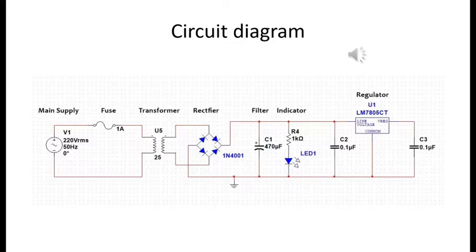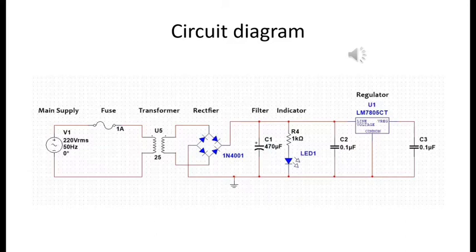The idea is that any 2 of the diodes will be conducting during the positive half cycle, and the other 2 diodes will be conducting during the negative half cycle, which means during both the positive as well as the negative half cycle the rectifier will be in action, and we will be getting a pulsating DC.